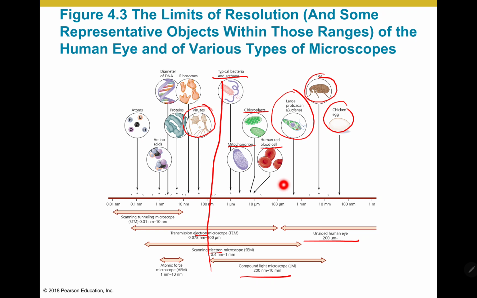Let me just say molecules. I'm not even going to call them organisms. Viruses, these parasitic agents, let's just call them that for now. We have to look at them through an electron microscope, okay? Cannot use a light microscope.